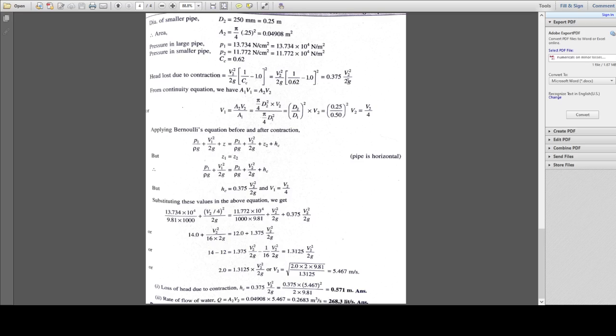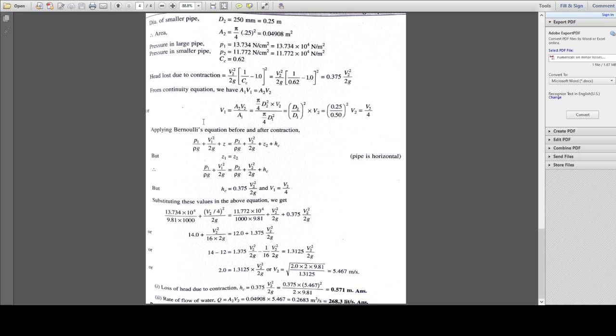Now using the continuity equation, A1 V1 will be equal to A2 V2. Now we know A1, we know A2. So arrange this equation to get the value of V1 in terms of V2.